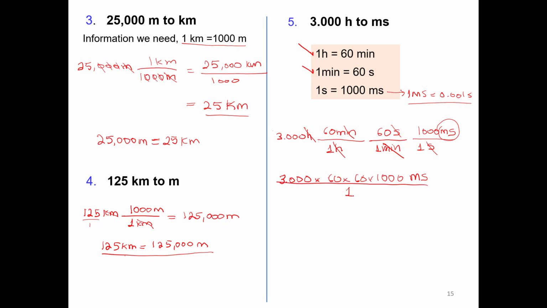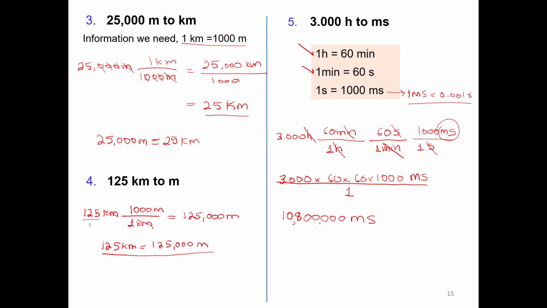And if we multiply these numbers together, we will get 10,800,000 milliseconds.